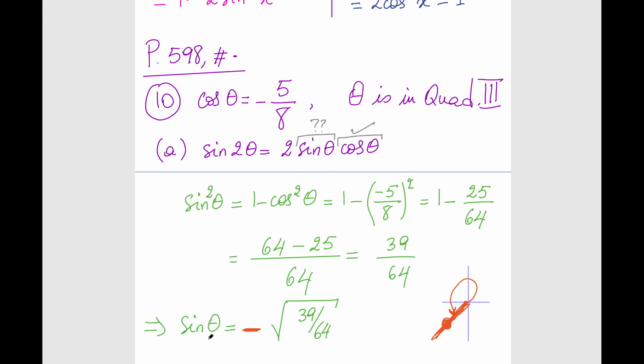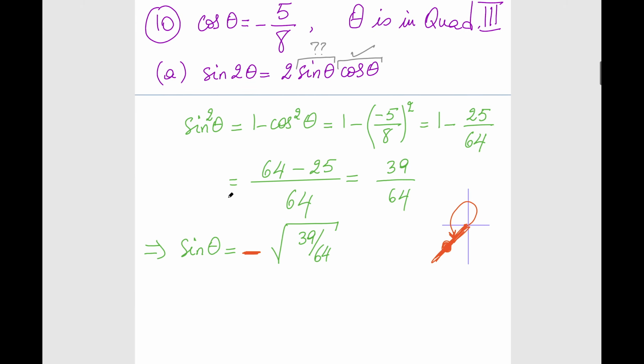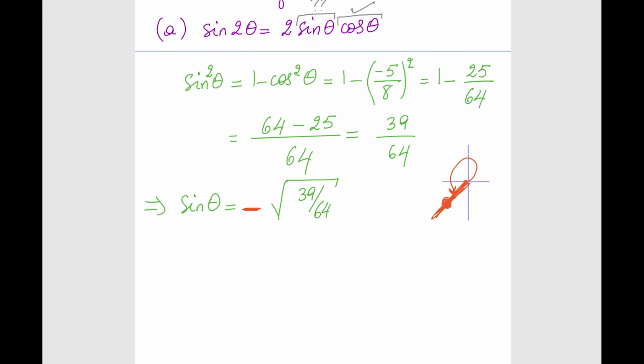So I know now what sine of theta is, and I can go back and replace it to get the sine of twice theta. Sine of 2 theta is equal to 2 times sine theta, which we just found to be negative square root of 39 divided by 64.